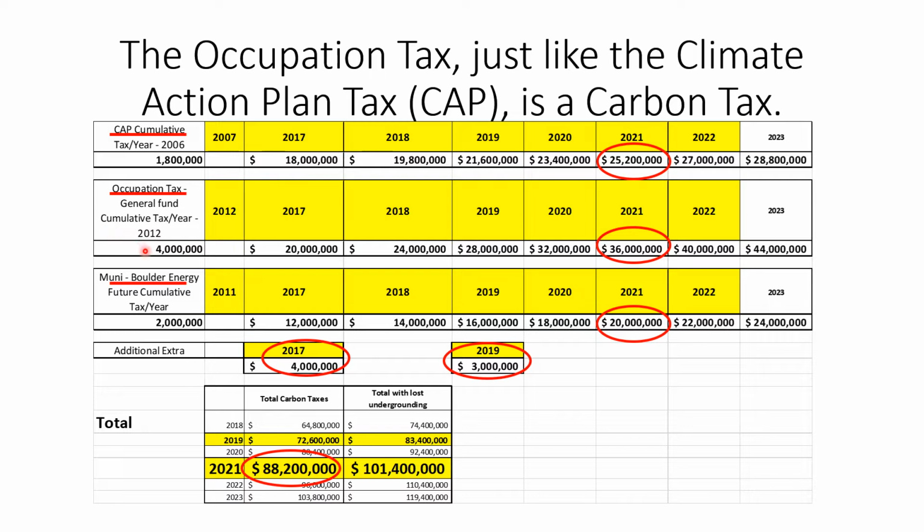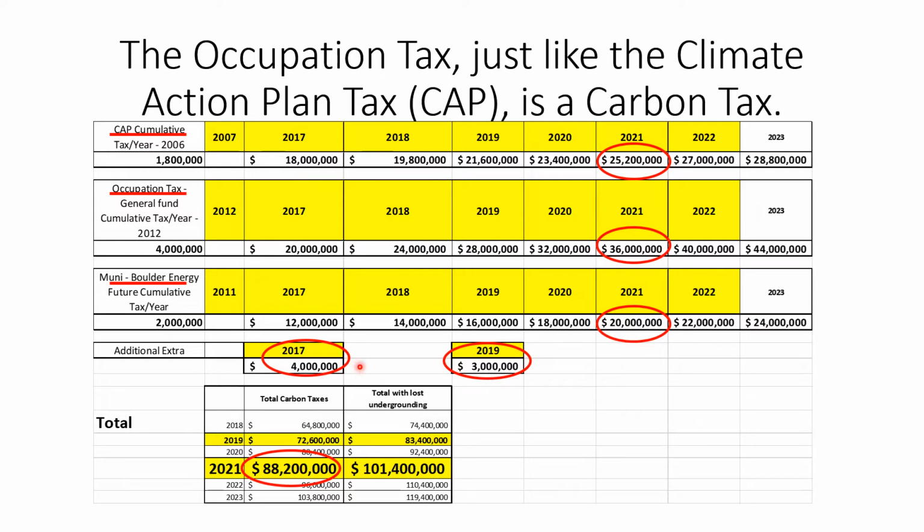It amounts to about $4 million per year, started in 2012, and cumulatively here in 2021 amounts to about $36 million. Third is sadly the Muni. The Boulder Energy Future cumulative tax amounted to about $2 million per year, started in 2011, and currently adds up to about $20 million.